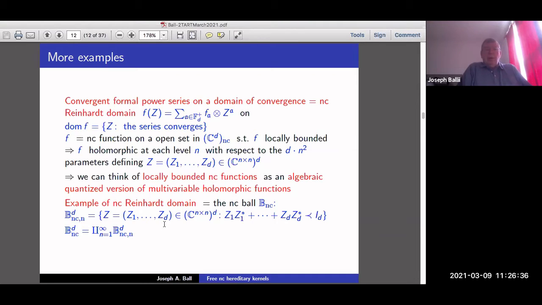So you take d-tuples of n by n matrices such that when you put them as a row operator, you get a strict contraction. And then the non-commutative ball is to take the disjoint union over all such levels. And that's the natural domain for many non-commutative functions.